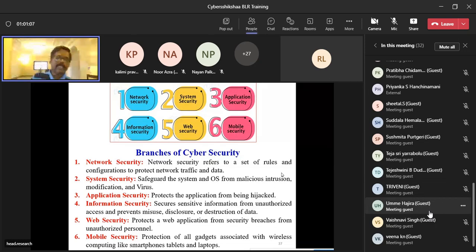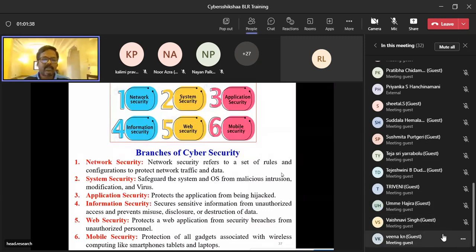Then application security. We are using a number of applications, and we need to protect applications from being hijacked. Information security: information means processed data, and security means protecting the data. Secure sensitive information from unauthorized access and prevent misuse, disclosure or destruction of data.